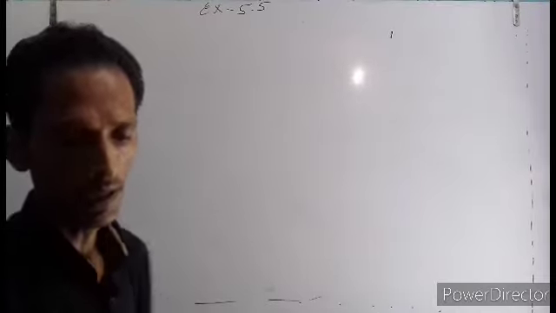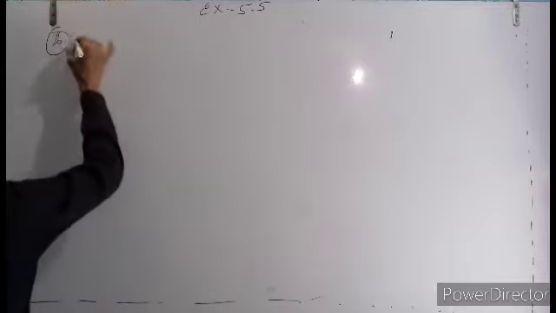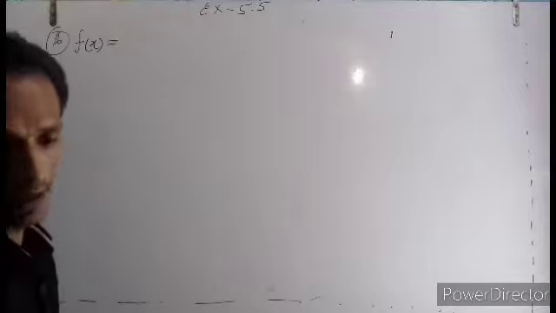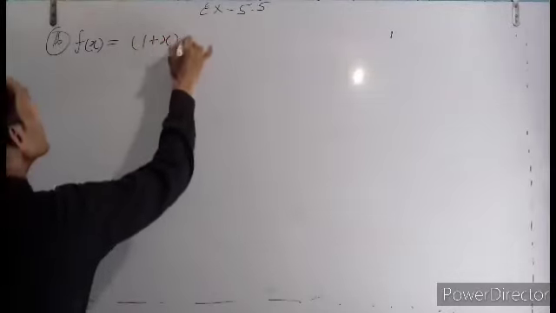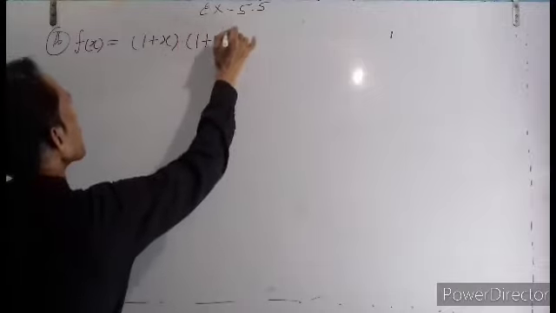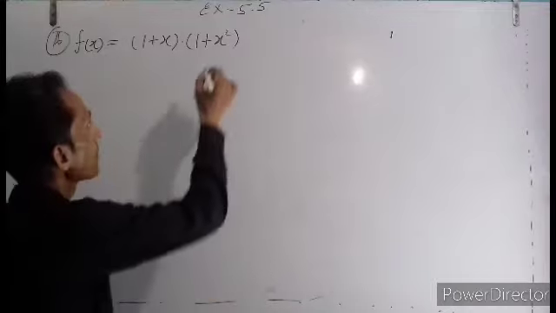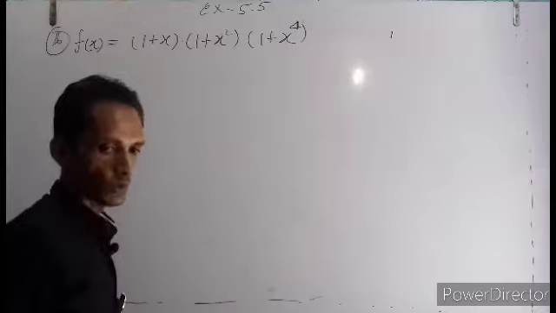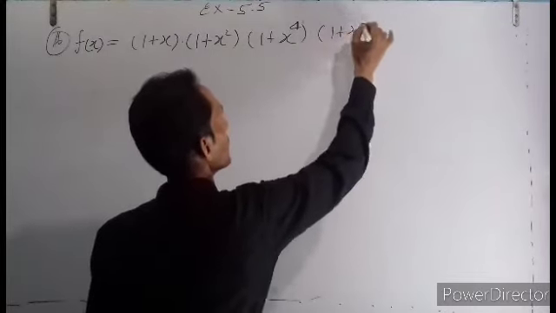Question number 16: find the derivative of the function given by f(x) equals (1 plus x) into (1 plus x squared) into (1 plus x raised to the power 4) into (1 plus x raised to the power 8).